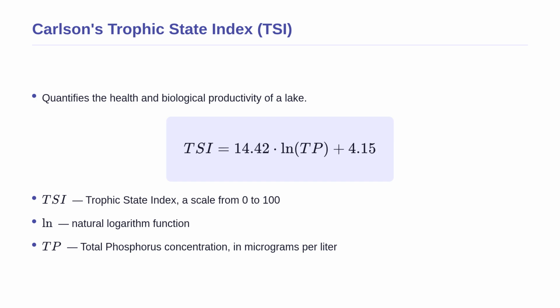The formula uses the natural logarithm, represented by ln, to compress a wide range of nutrient concentrations. TP represents the concentration of total phosphorus in the water, measured in micrograms per liter. As the total phosphorus increases, the natural logarithm increases. This causes the overall TSI score to rise, which physically indicates a more polluted, overgrown, and biologically unstable lake.